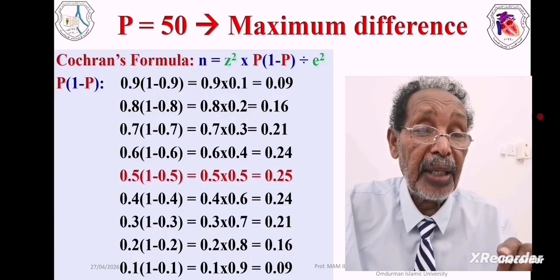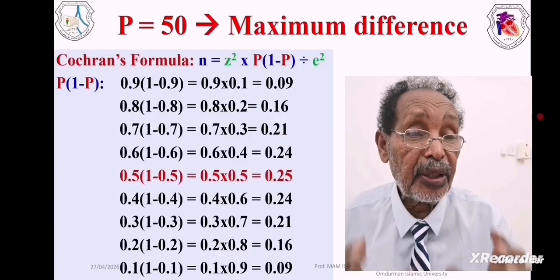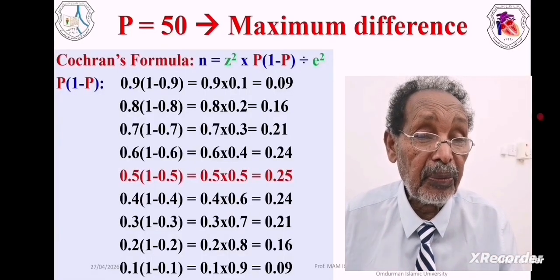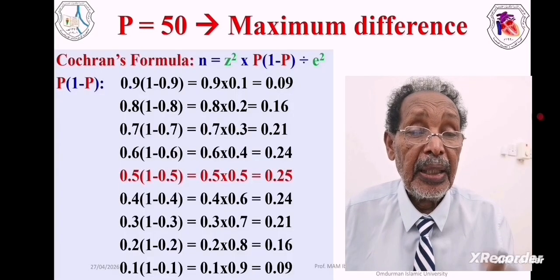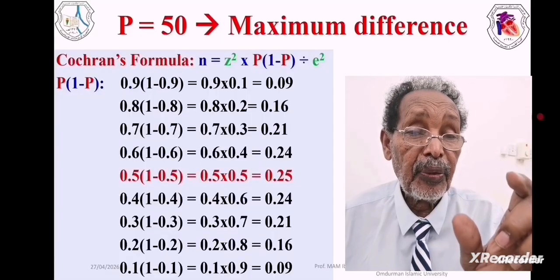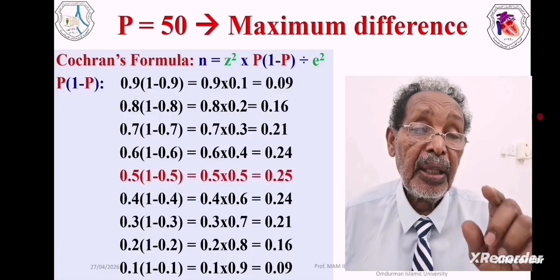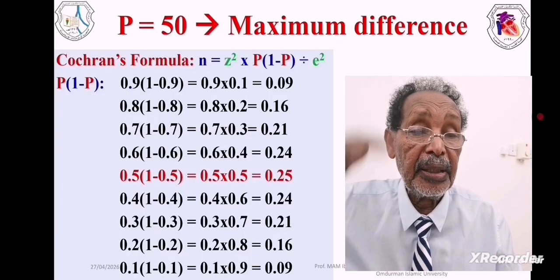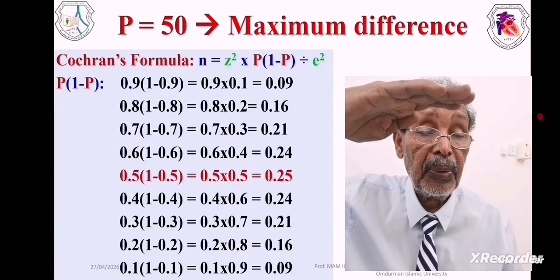Now to demonstrate that the liberal 50% gives the maximum variation, the maximum sample size, let us take from the Cochran's formula only the middle portion, which is the proportion multiplied by 1 minus the proportion. It is in the numerator on the top.